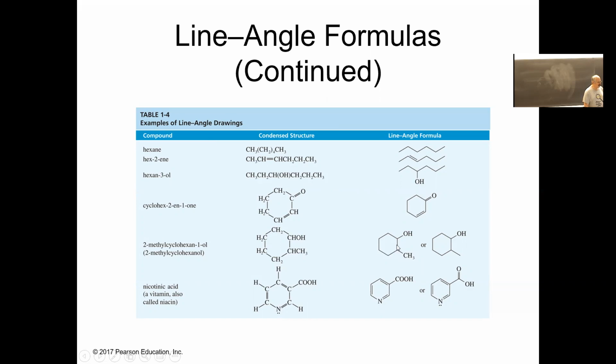This CH3 is sometimes represented as just a stick. It's understood there's a CH3 on the end here. And again, nitrogen needs to be shown explicitly. As I said, I prefer this representation, C=O with OH, rather than COOH.